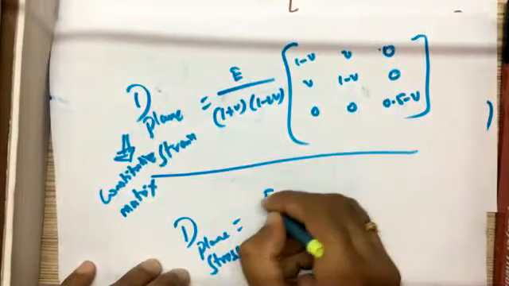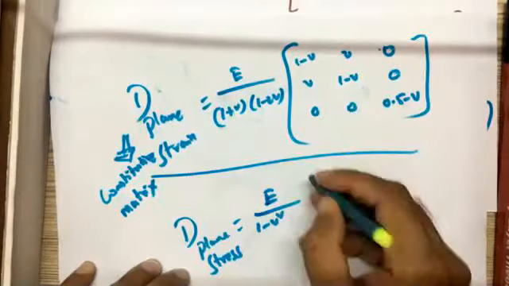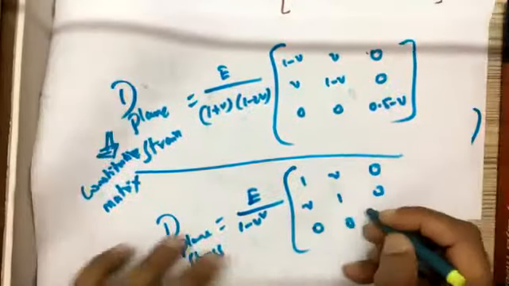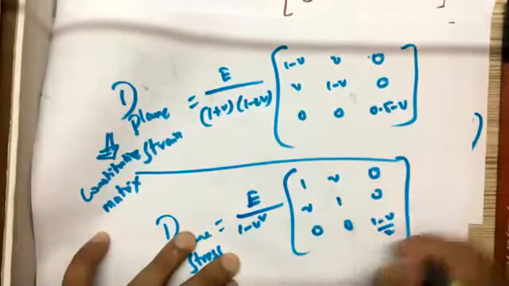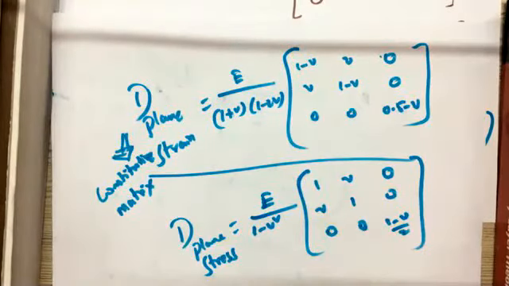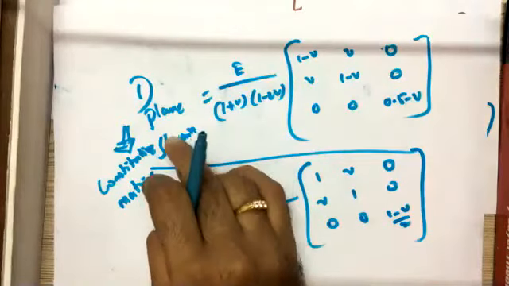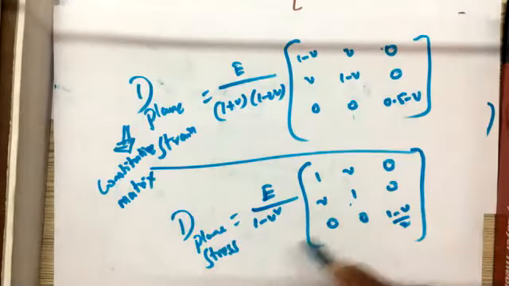If you recall, it is E by (1 minus nu square) into [1, nu, 0; nu, 1, 0; 0, 0, (1 minus nu)/2]. So this is the D matrix for plane stress. Now we derived the D matrix for plane strain, and these two are very, very important for your problems, because either plane stress or plane strain, you have to deal with one of these two categories in your problem.